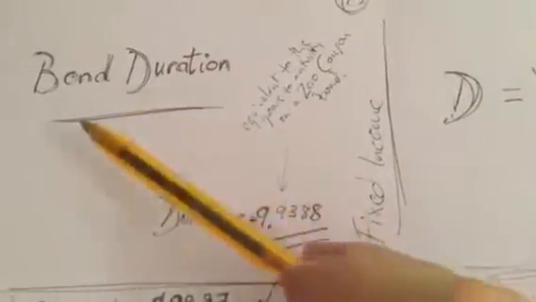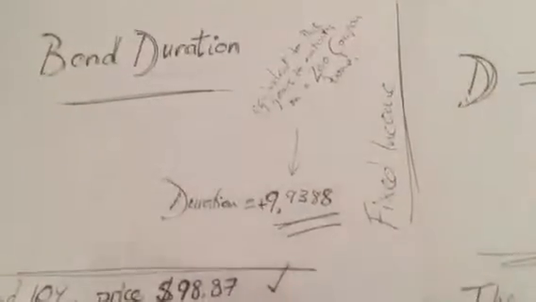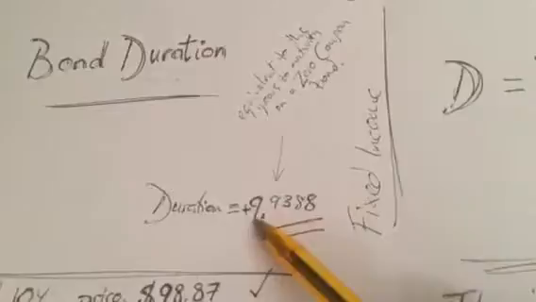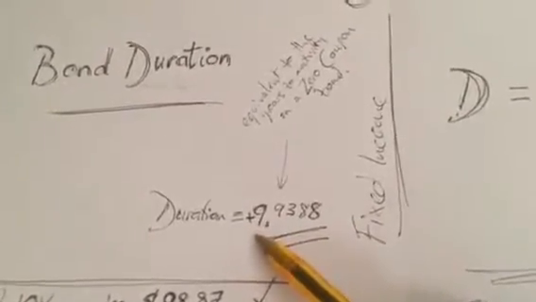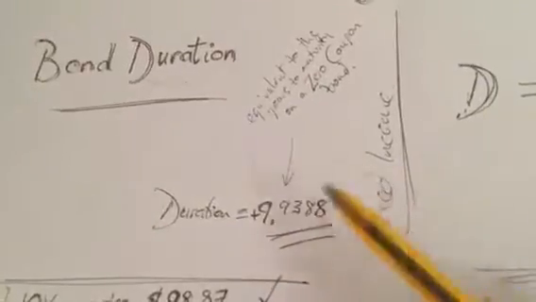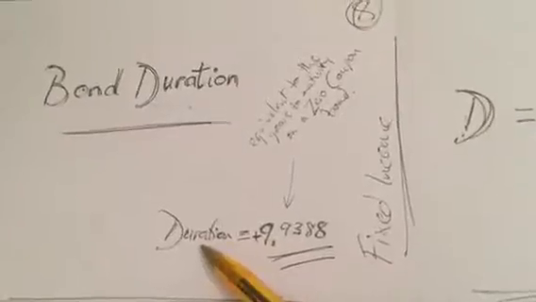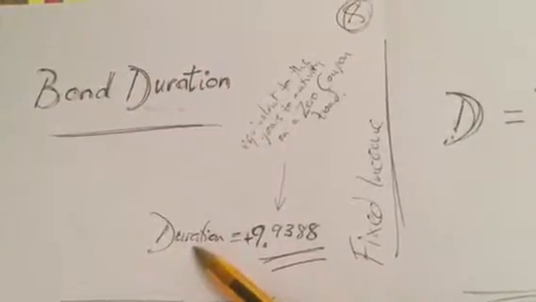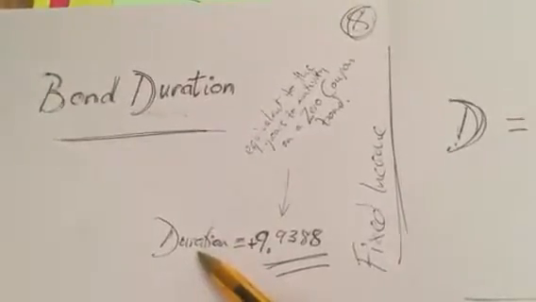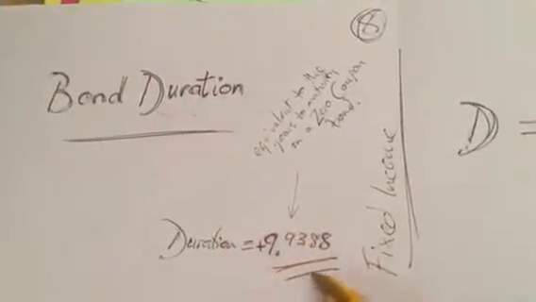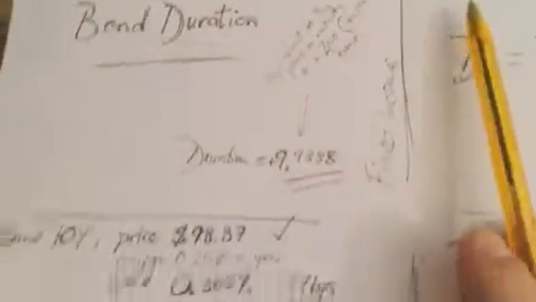In this case, if it's a 10-year vanilla bond with a coupon of 0.25%, having done the calculation, I can say that the zero coupon equivalent sensitivity is 9.9388 years. So the duration is telling us the sensitivity of the change in price relative to the change in yield, and this is given in a number of years figure equivalent to a zero coupon bond.